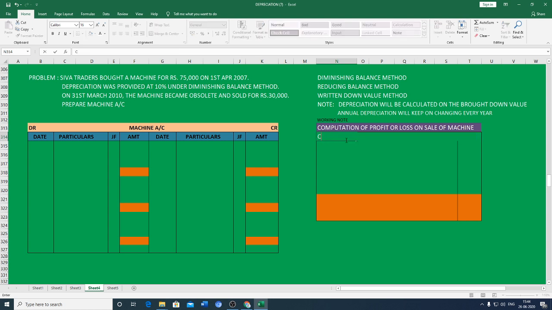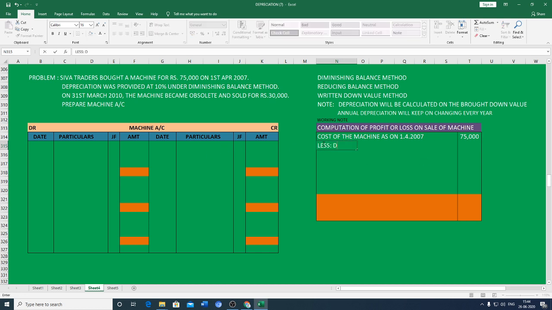First we will start with the cost of the machine, as on the date we purchased it, 1st April 2007. The amount is 75,000. After purchasing, we start utilizing it, and with the completion of one financial year we have to calculate depreciation.